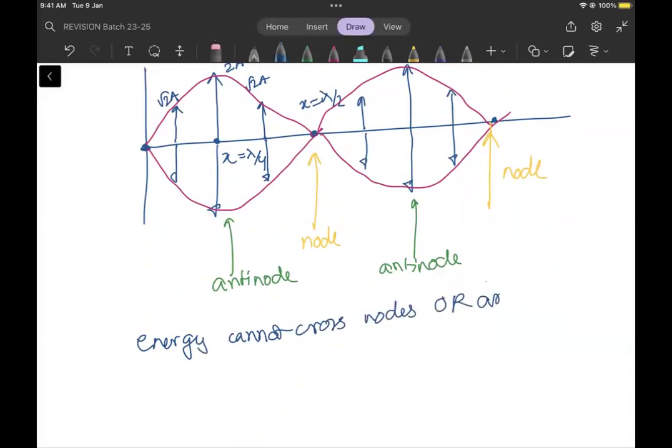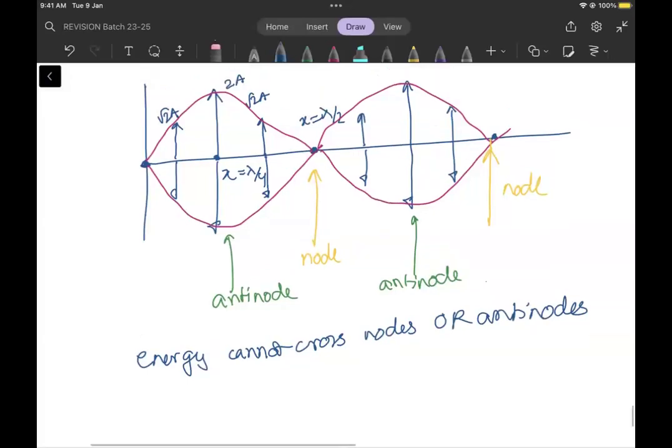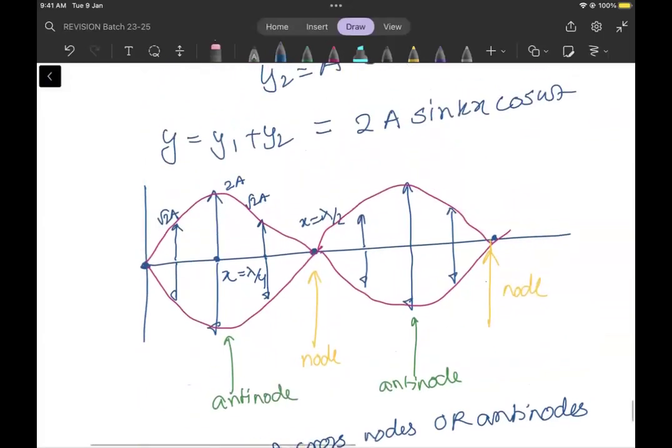The reason why they have been named is because of a very simple fact that energy cannot cross nodes or antinodes. So there is energy transfer between x equal to 0 and x equal to lambda by 4, but there is no energy transfer between x equal to lambda by 8 and 3 lambda by 8. That is not possible. x equal to lambda by 4 से lambda by 2 के बीच में एनर्जी ट्रांसफर हो सकता है, हो भी रहा है, लेकिन उसके बियॉन्ड या उससे पहले नहीं हो सकता है. Right?